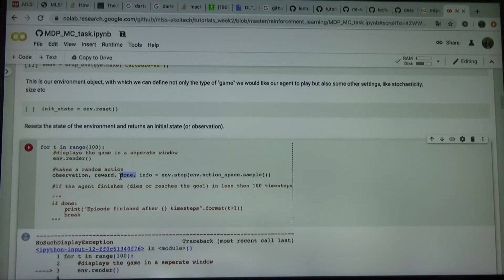And info can be some useful debug information.